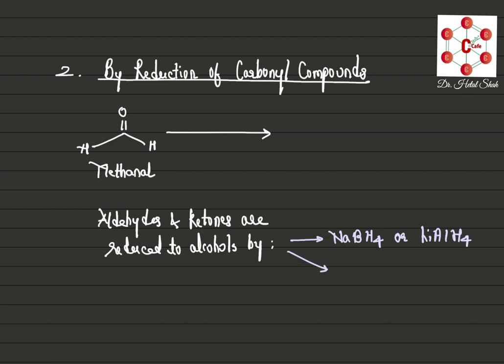The second way of doing this would be using catalytic hydrogenation, H2 plus Ni or Pt or Pd, anyone. Here the reactions are more difficult, so a little more extreme conditions, high temperature and pressure.